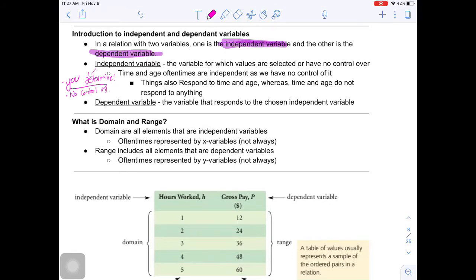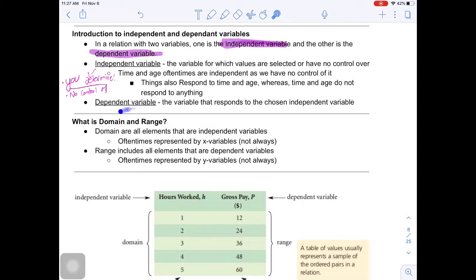So think about something you don't have control of. Something you don't have control of is time or your age. It just happens, okay? In an experiment, sometimes you decide what happens. So in an experiment, you might decide, let's say, how much acid or a base that you include, and you determine all the measurements for that thing, okay?